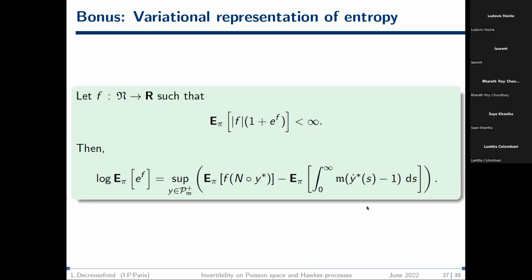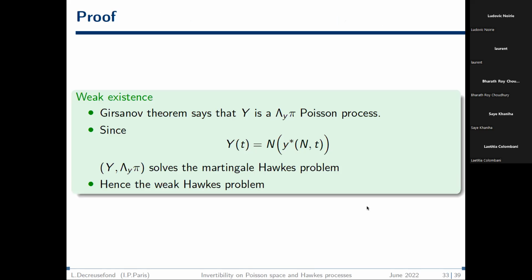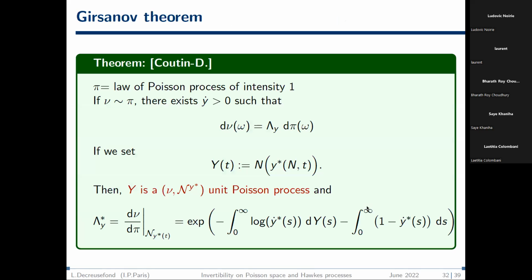You start from a simple y where you know you have equality, and then pass to the limit. But I didn't really try to reprove the theorem of Brémaud and Massoulié by the entropic criterion. I'm not sure it's very feasible, except by approximating the y by something simpler and passing to the limit.